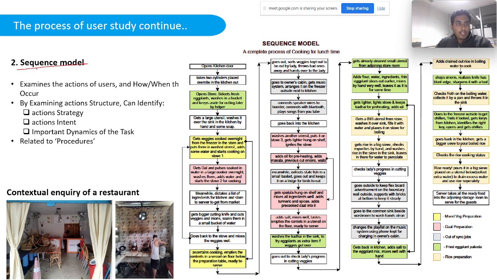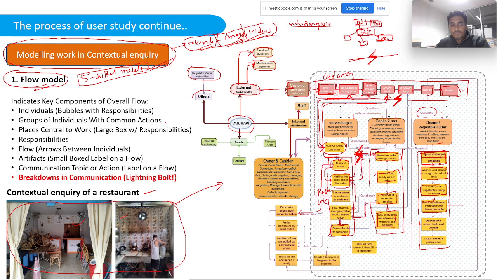Now the sequence model is basically one particular sequence of activities of a particular task. Okay, so we try to see those sequences in great detail. For example, in a flow model, probably we mention a particular task sequence by only six blocks.